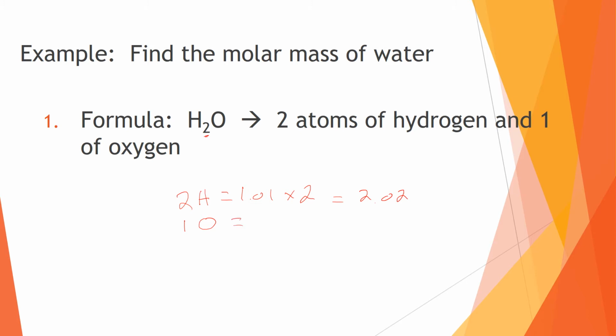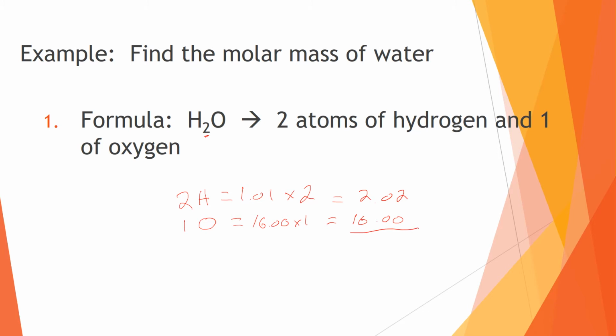Now there's only 1 oxygen, and oxygen has an atomic molar mass of 16.00. There's only 1 atom in this molecule, so it would be 16.00.